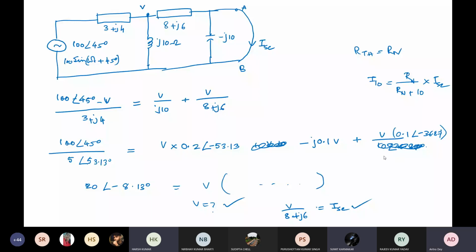Sir, why is it happening like that? If you add those two impedance inverses, you will get the effective impedance inverse only, no? Then you have to take the inverse of that. Oh, sorry, I forgot to do that. Thank you, it will come.